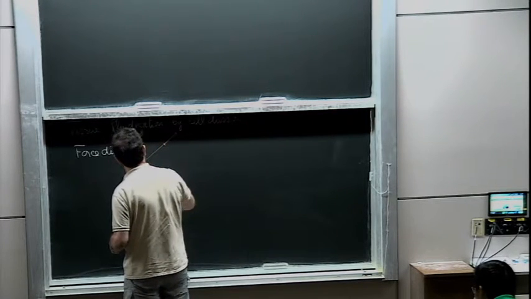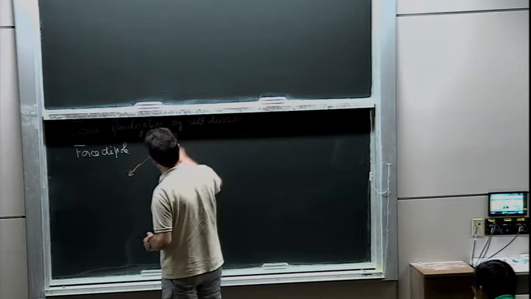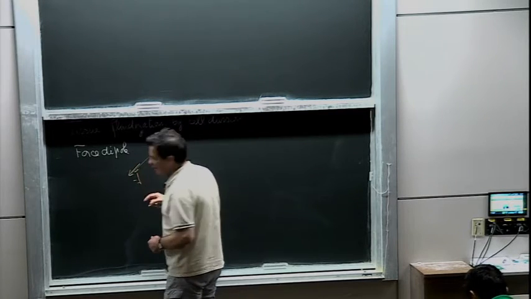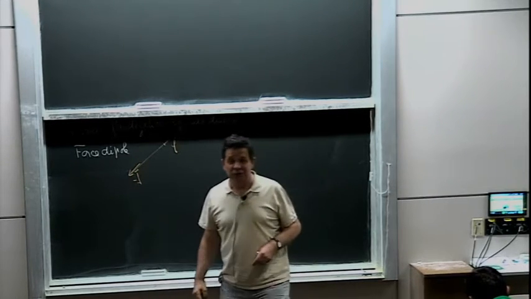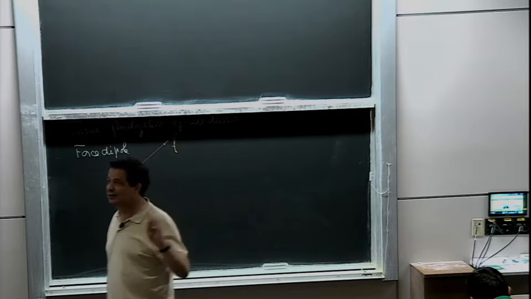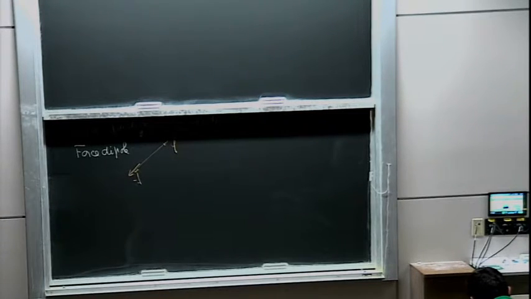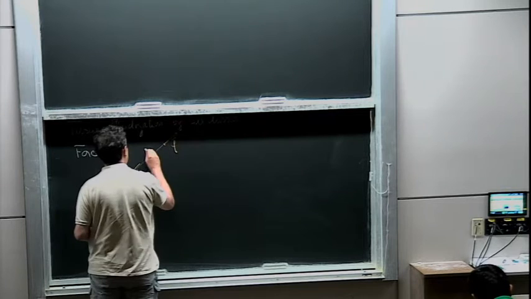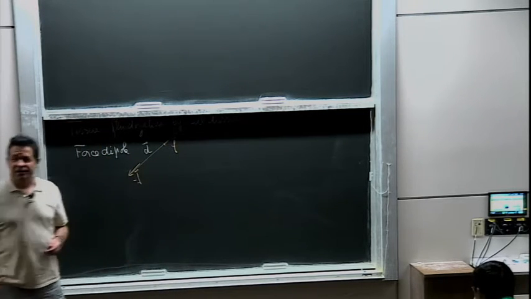There are two forces like this. I'll call this one F and this one minus F. And they must be aligned, otherwise there would be a torque, and we don't want any torque to be exerted on the environment. And I'll call D the vector which is here.